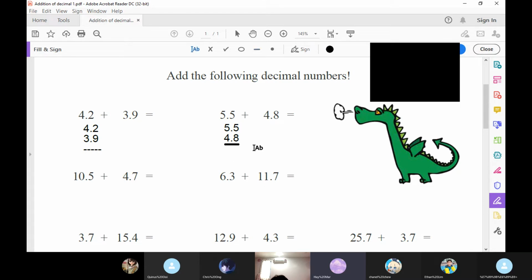5 plus 8 is 13. Okay, right. Put 3 here and put 1 on the top. Make the 1 small.